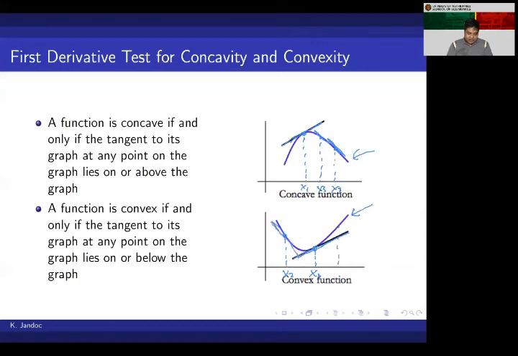And here at x3, the tangent line is also below the graph. So a function is convex if and only if the tangent to its graph at any point on the graph lies on or below the graph. So you can also think of concavity and convexity using the slopes, using the tangent lines at different points of the function.